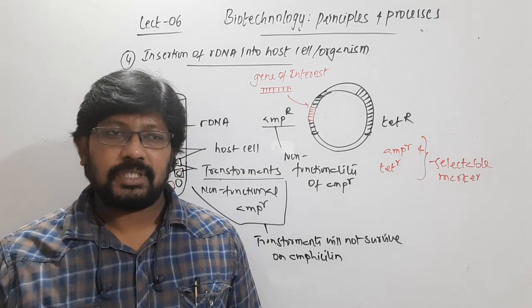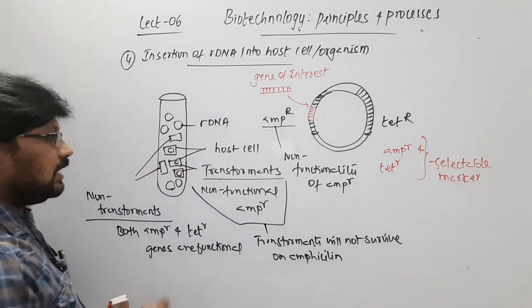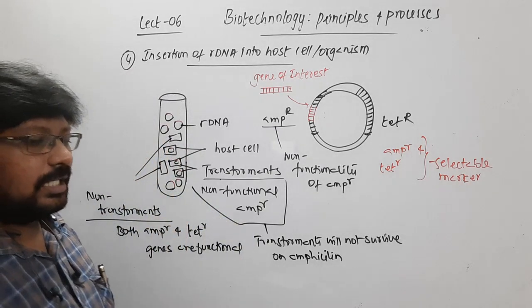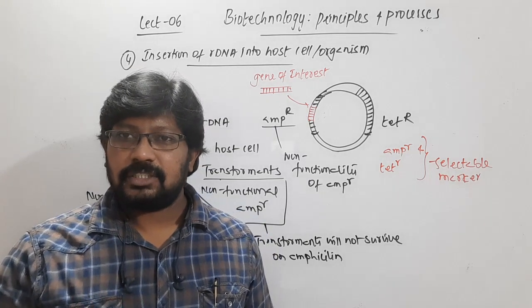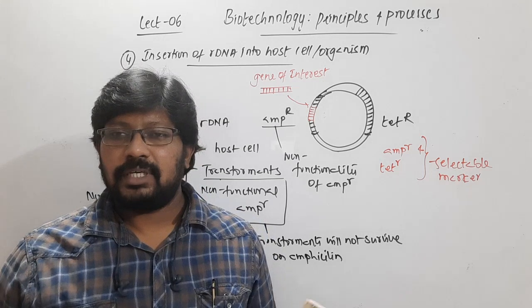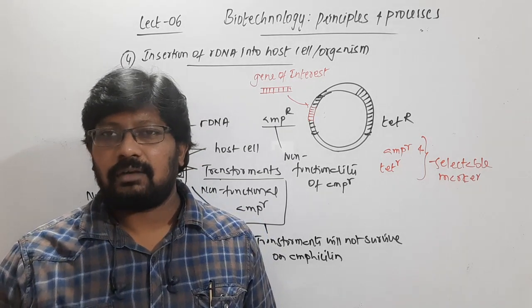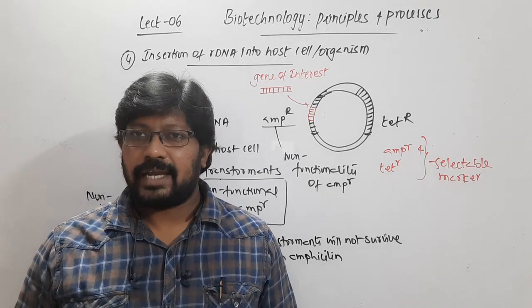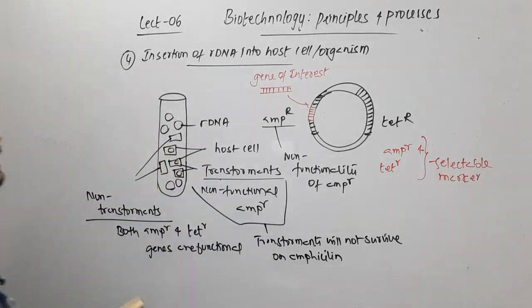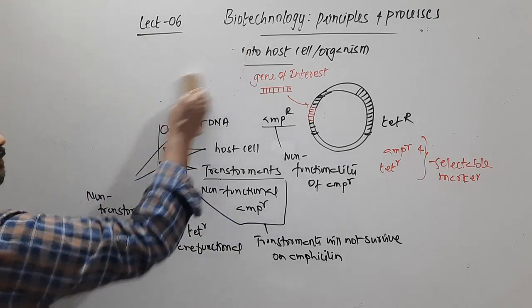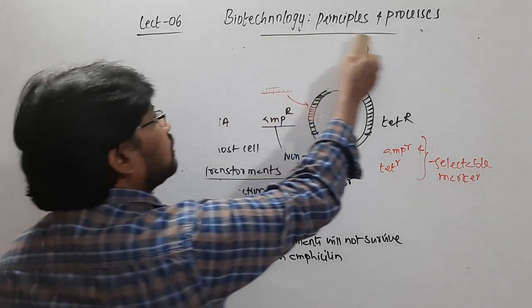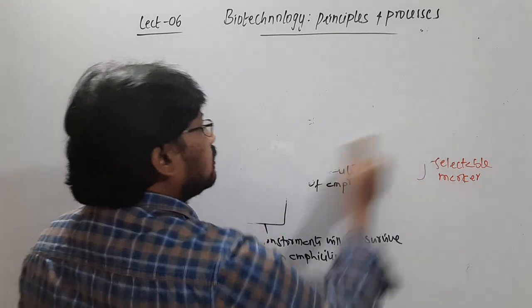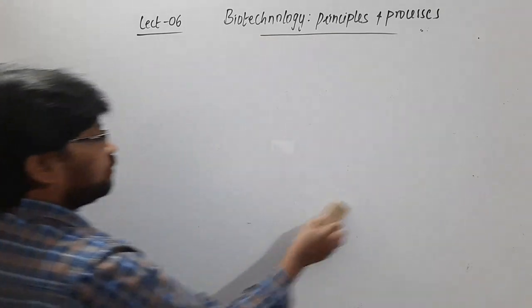For that purpose I need to grow these bacteria in a nutrient medium, not just in small petri dishes, but in large containers, which I call bioreactors. So let's see the last step of this rDNA technology, obtaining the foreign gene product.